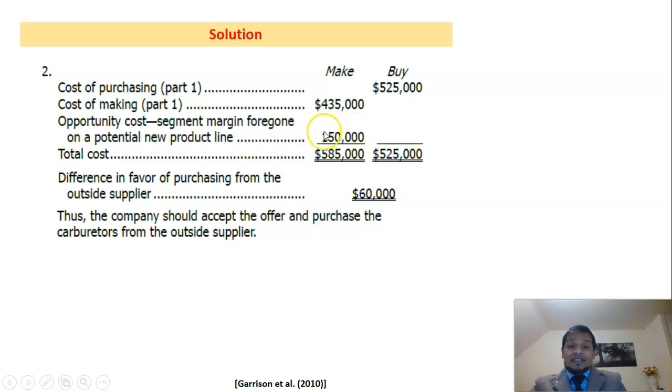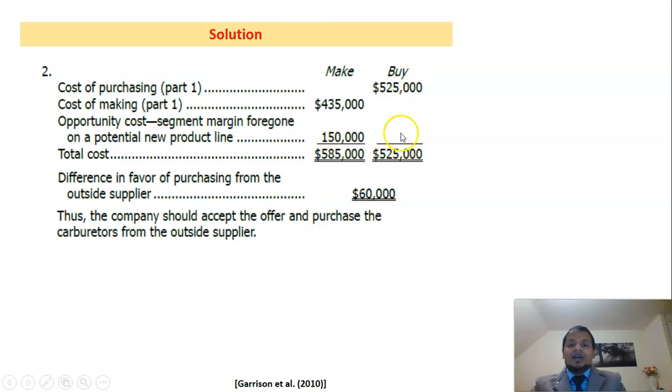So if you don't understand this 150,000, right? If you say, oh, this is revenue, you can show it here as opportunity revenue. All right, this is opportunity revenue. So when it is opportunity revenue, if you buy, then only you can earn this money.